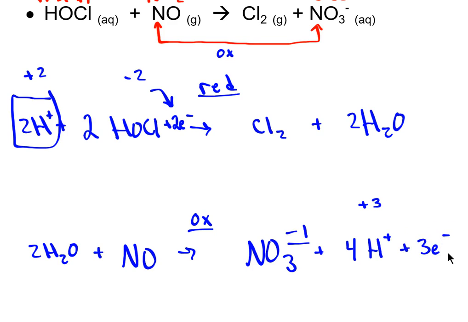Now, if you put the electrons on the wrong side, it doesn't really matter, because you're going to put them on the wrong side on the next one, and they cancel out anyway, right? So don't stress too much on whether we put them here or here, but just make sure they're on opposite sides. That's all that really matters. Okay, now what do we have to do?